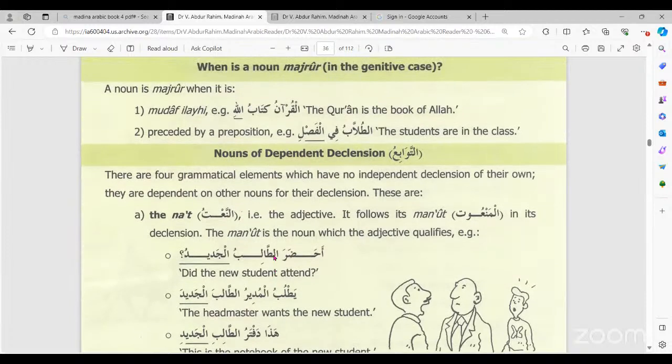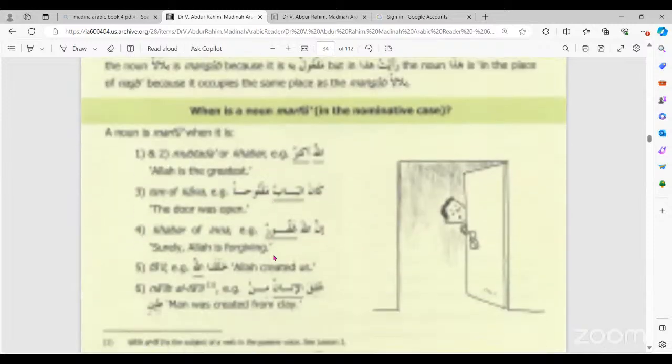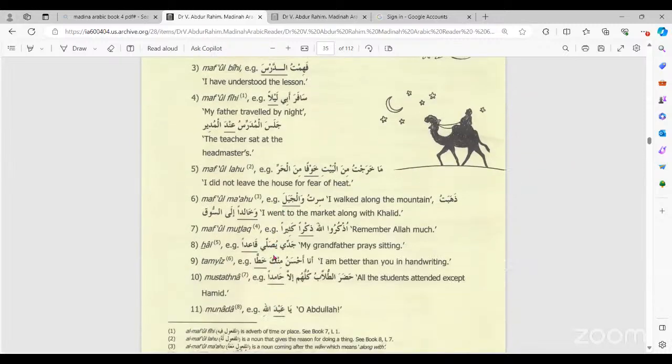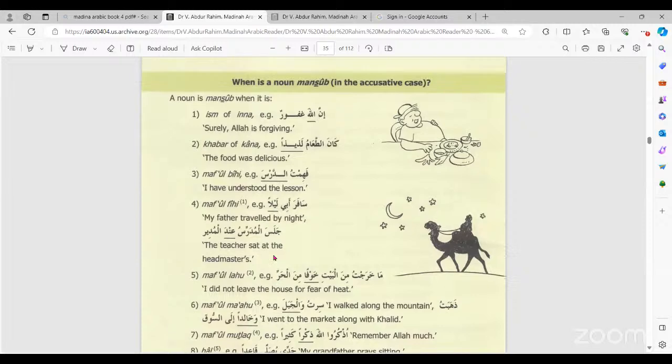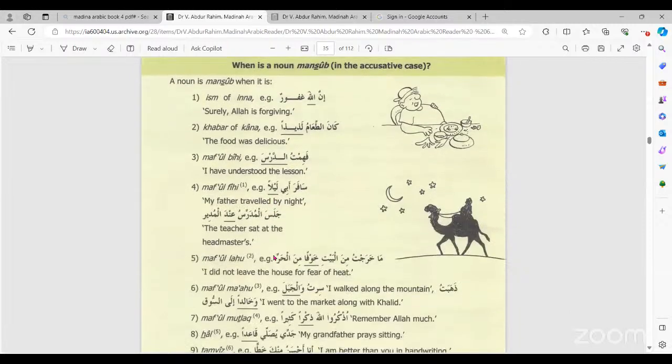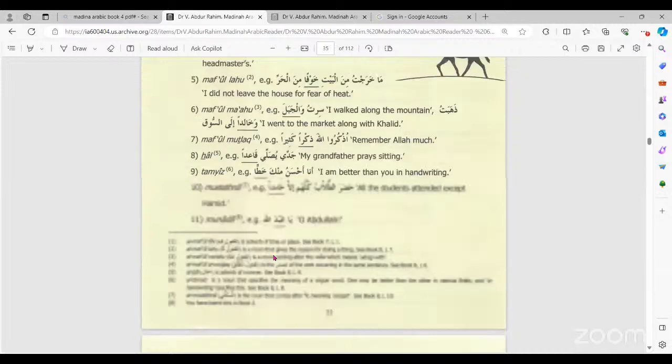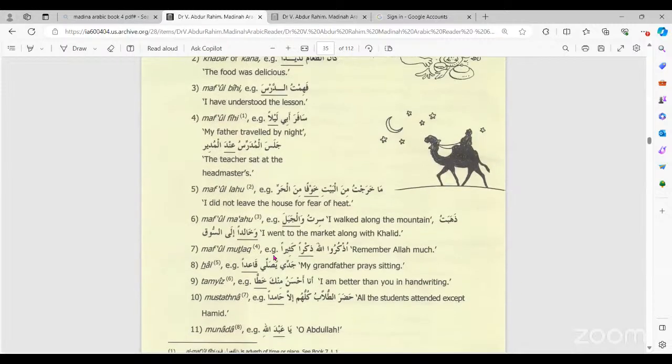Question related to the lesson, go ahead. Regarding this list of mansubat, can the noun of la nafi jins also come in it? Similarly, can khabaru laysa also come in this same list or not? That's a good question you've asked. I think this list, what they have done is they have only focused on the things which we have covered to some extent in this book rather than all of the list itself.